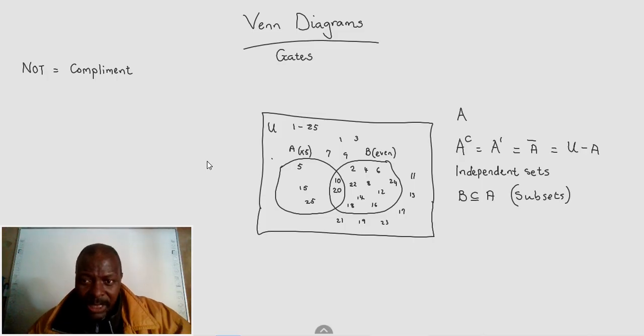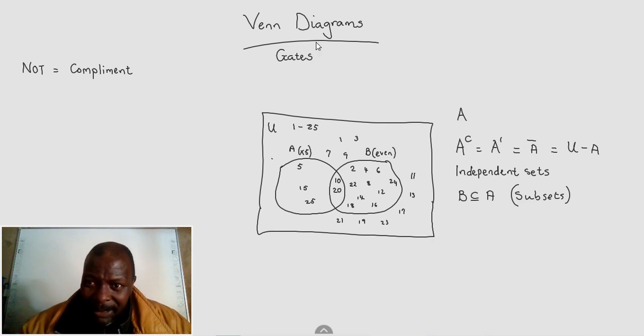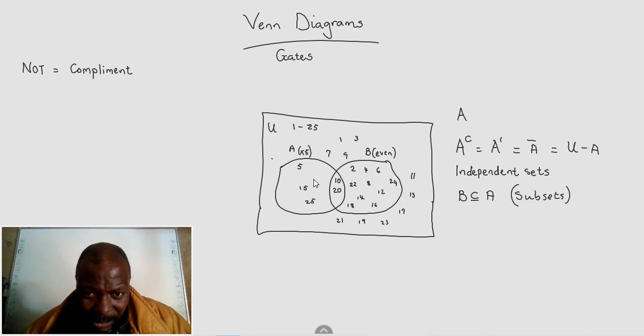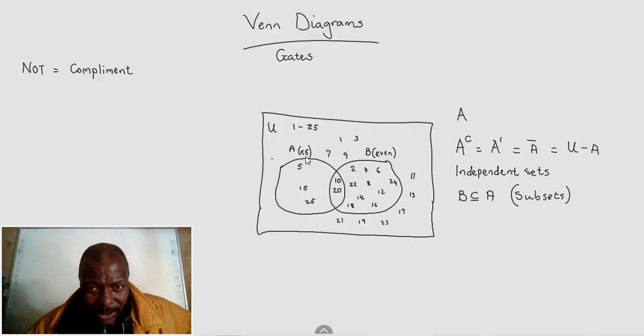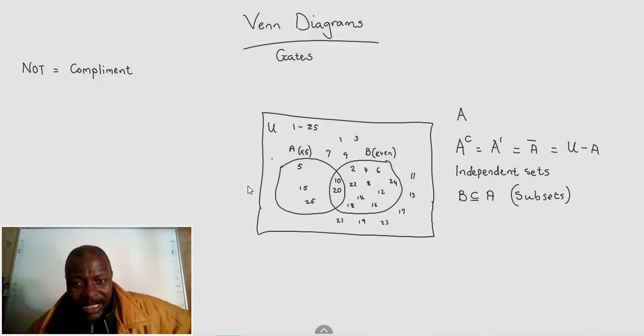So now when you ask what the elements of set A are, the elements of set A are 5, 10, 15, 20, and 25. These are all the numbers that are multiples of 5.